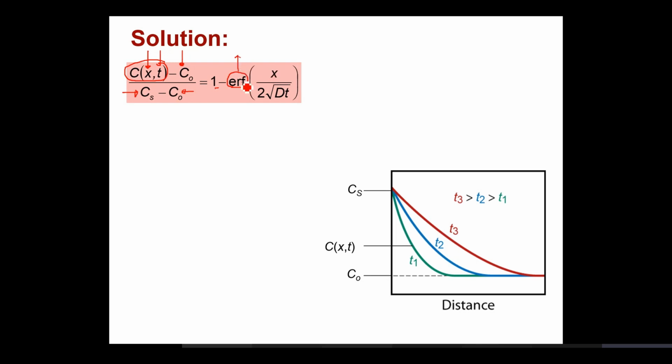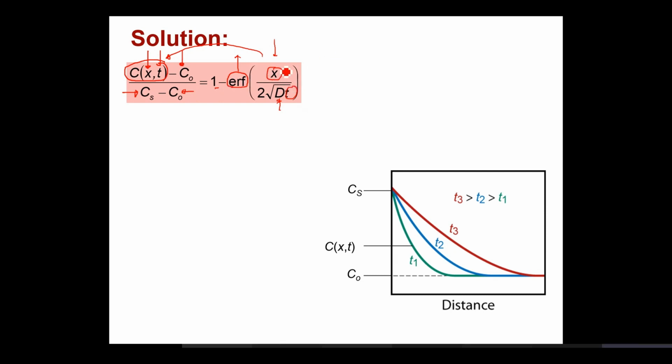The function value is dependent upon x, the distance, time, and the diffusion coefficient. So if we know the distance, time and diffusion coefficient, we can find out the concentration at a specific distance and time.